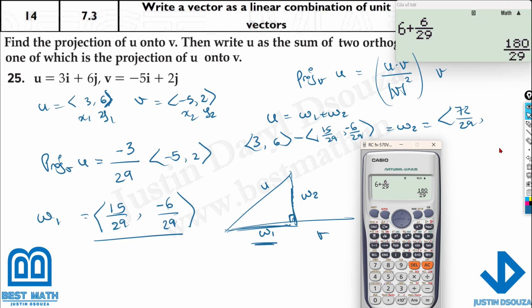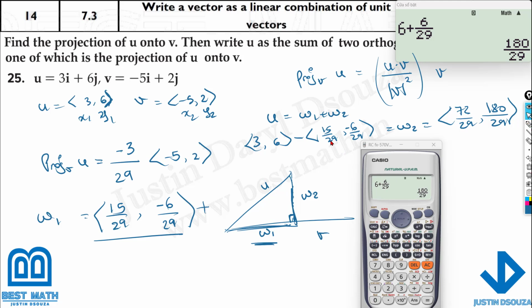Divided by 29. The answer is 180 by 29. And now we have got W1 and W2. The sum, writing the sum of two orthogonal vectors would be writing W1 plus this one. Let's look into the options.